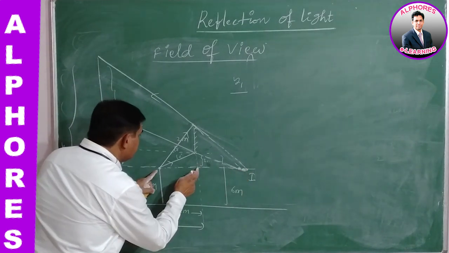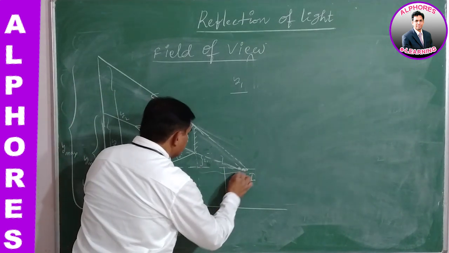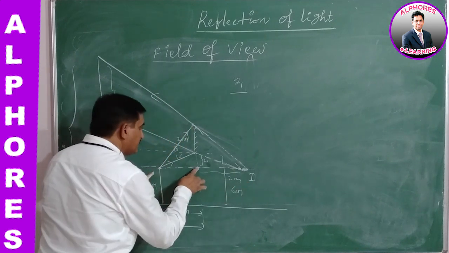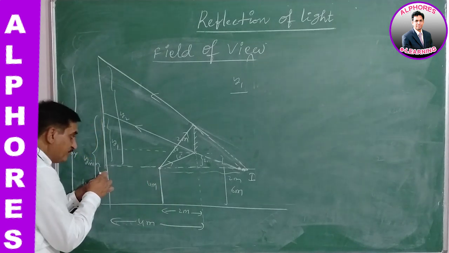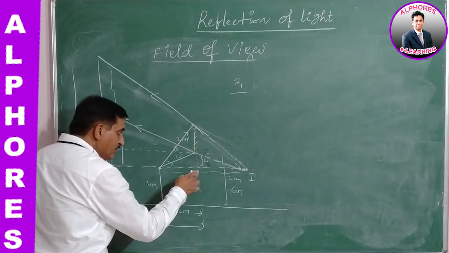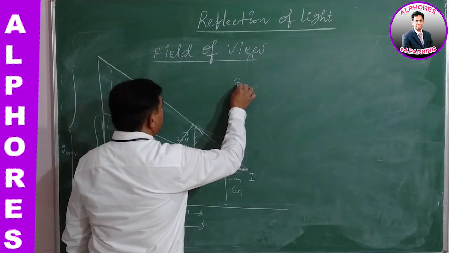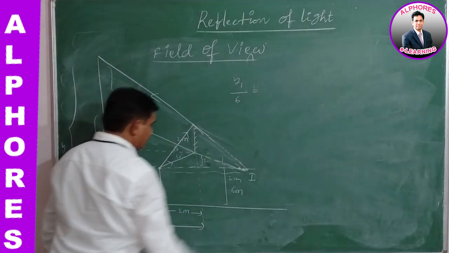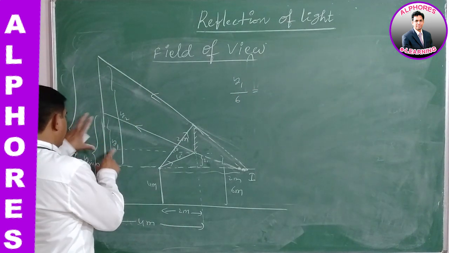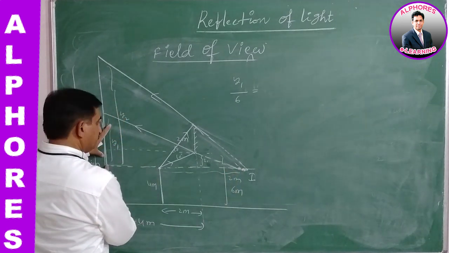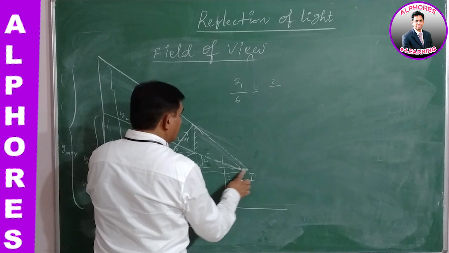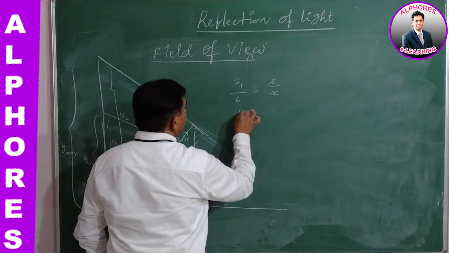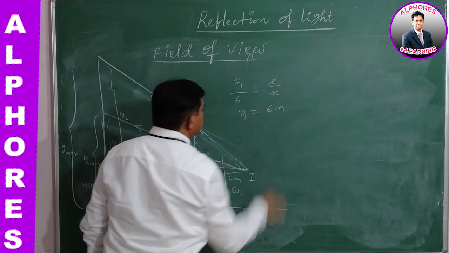This is 2 meters and this is also 2 meters, since the distance of the object equals the distance of the image. From here to here is 4, and from here to here 4 plus 2, which is 6. So y1 by 6 is equal to 2 by 2. The 2 cancels, and y1 is 6 meters.